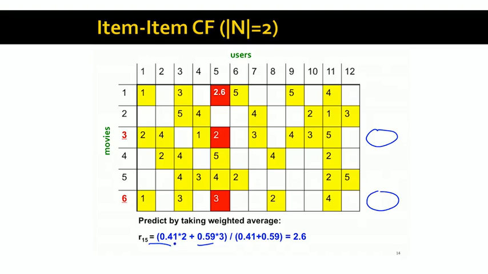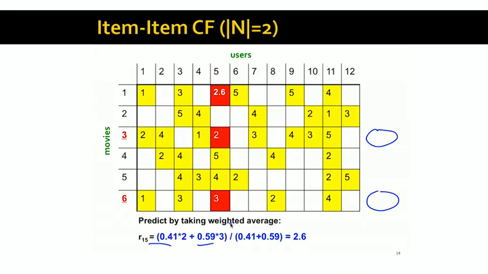The weighted average is just 0.41 times the rating of movie 3, and 0.59 times the rating of movie 6, which is 3, divided by the normalizing value, and this gives us 2.6. And 2.6 is our predicted rating for movie 1 and user 5.